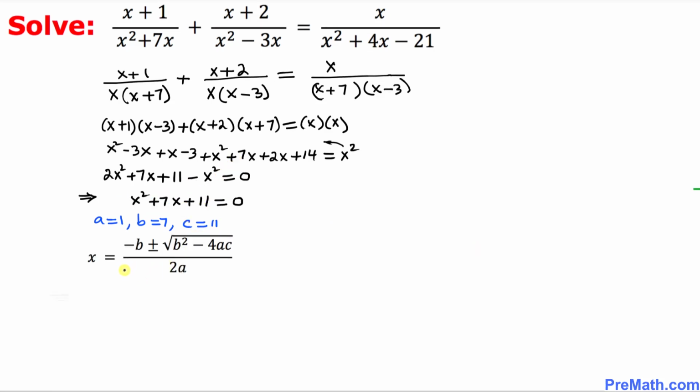And here is our quadratic formula. Let's fill in the blanks. So x equals minus b, which is 7, plus or minus the square root of 7 squared minus 4 times a, which is 1, times c, which is 11, divided by 2 times 1. Let's simplify further.